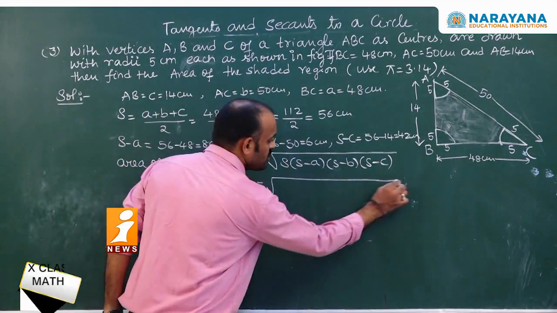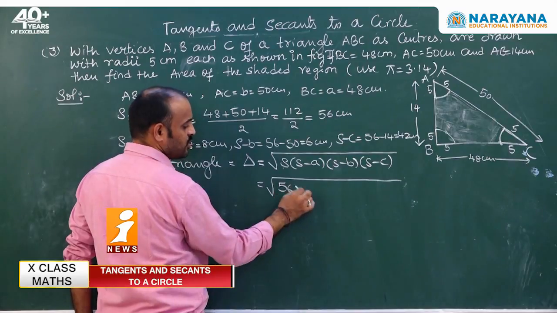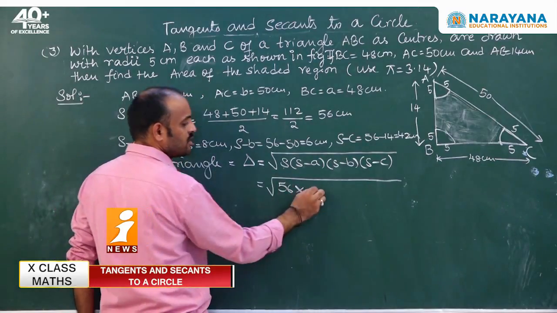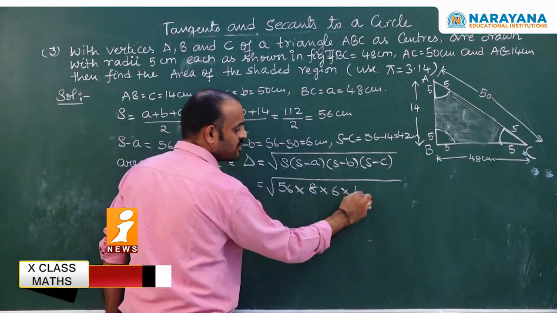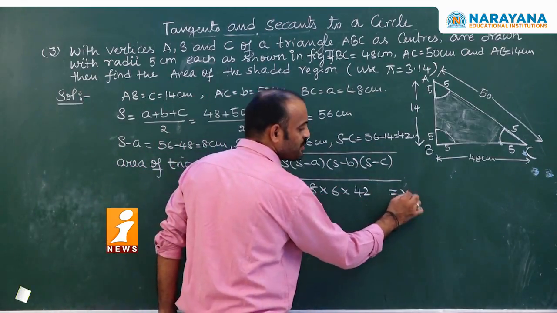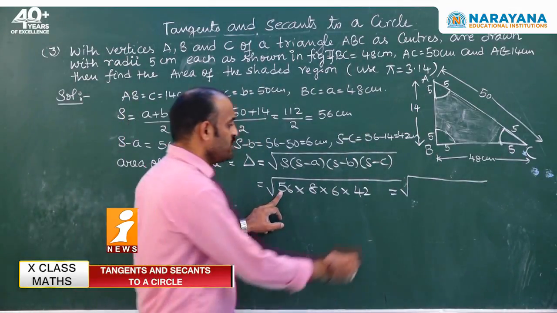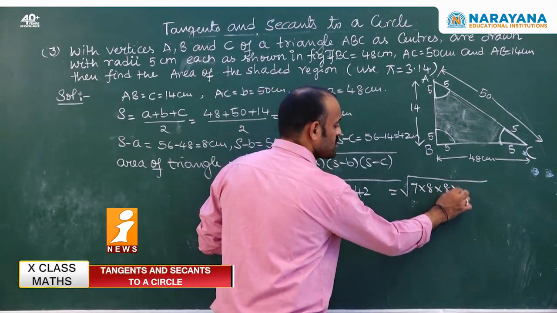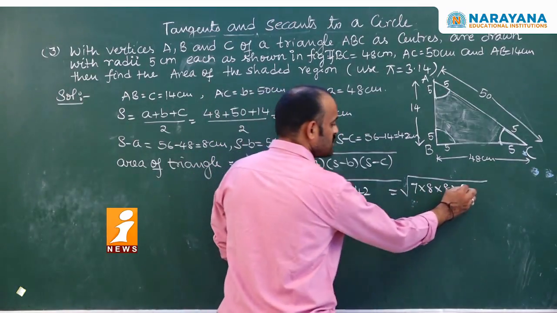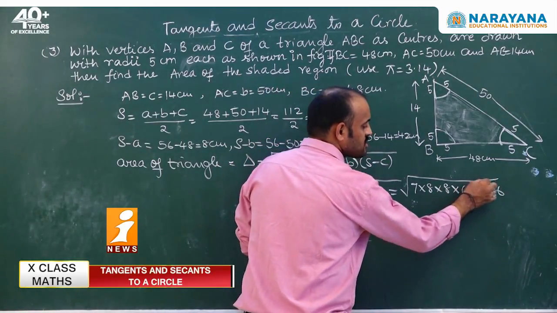Therefore, under the root, what is S? S is 56. What is S minus a? 8. What is S minus b? 6. What is S minus c? 42. Writing it in prime factors, 56 can be written as 7 into 8. 8 I will leave as it is. 6 I will write as 6 only. 42 I will write as 7 into 6.